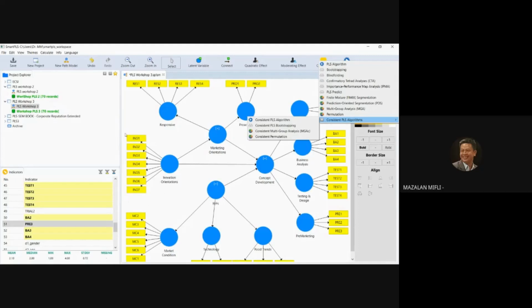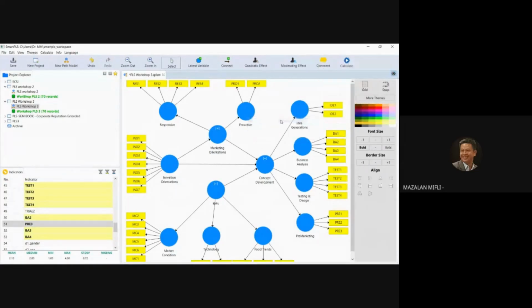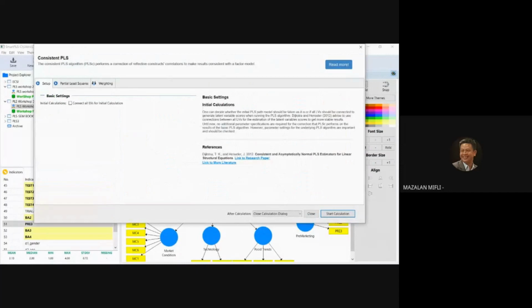I might be wrong, but I suspect this is most likely the reason, because the questionnaire I use under innovation orientation is a semantic differential scale with 7 points. Because of that, I'm having some difficulty with factoring. Actually you can use factors for both of them. Say, for example, I show it to you here. So I press the setup.